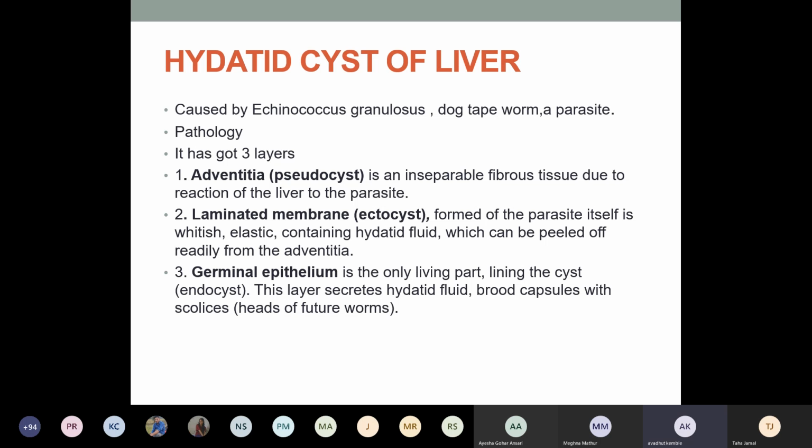And the germinal epithelium is the only living part of the cyst, which is nothing but a lining of the cyst, and that is called endocyst. This layer secretes hydatid fluid. Brood capsules with scolices are nothing but heads of the future Echinococcus granulosus worms.